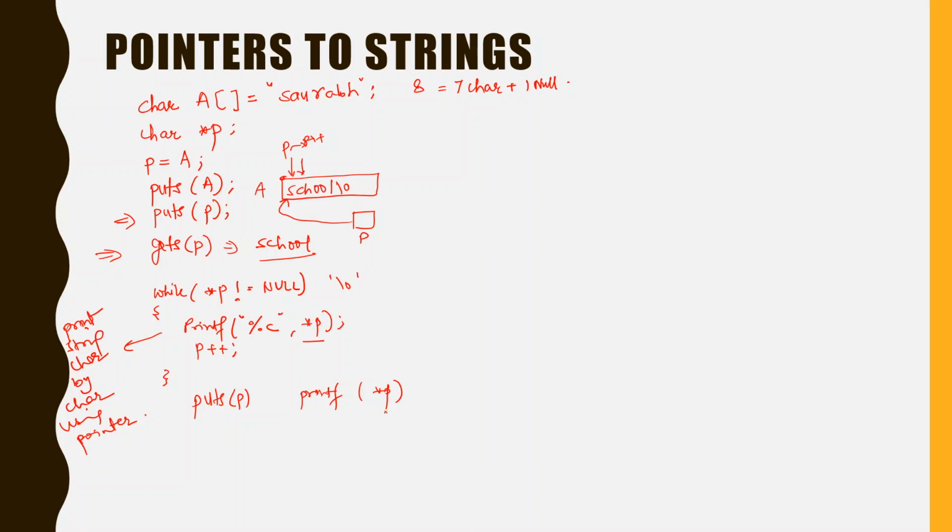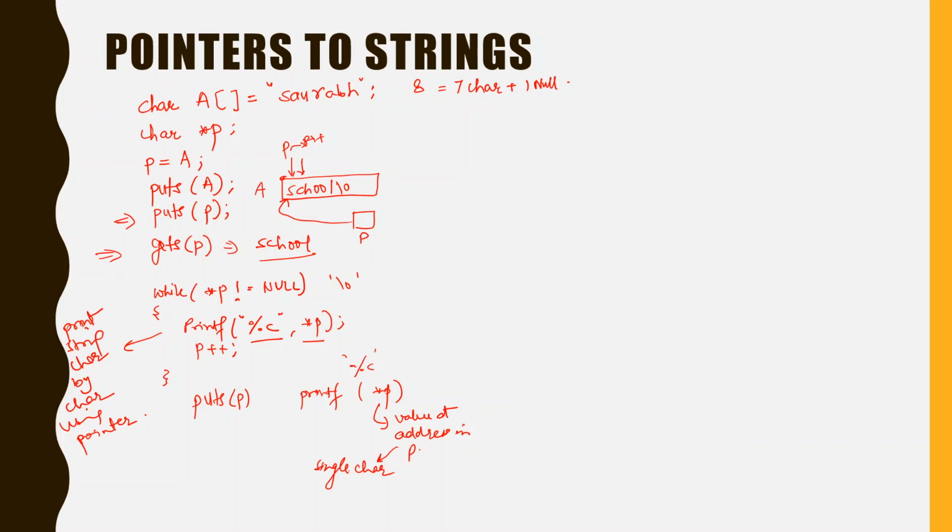As p is a character array, pointer p denotes the value at the address in p, and this value would be a single character only, right? That is why we used %c here to print it. You can see here we used %c to print. And also the pointer symbol was used before p because we wanted the value.